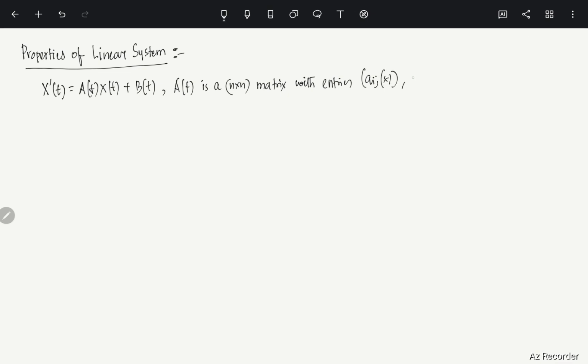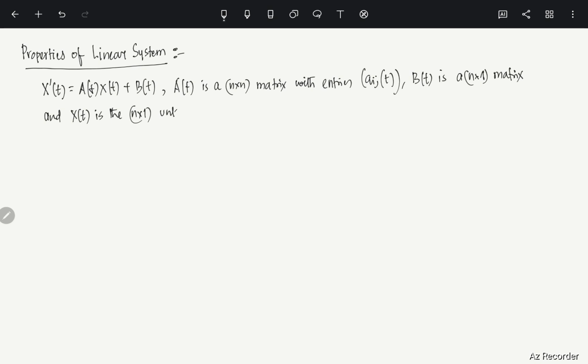And b of t is an n cross 1 matrix, and x of t will be your n cross 1 unknown vector.